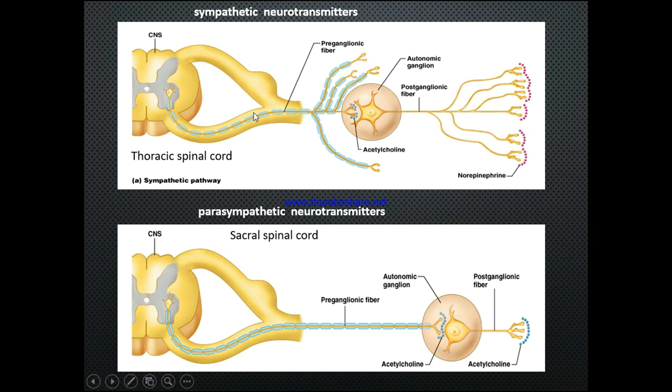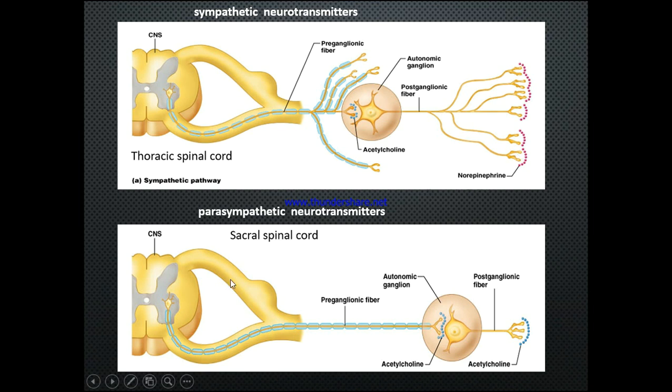So let's look at the sympathetic and parasympathetic neurotransmission in relation to pre- and postganglionic fibres, and also in relation to myelination. Here we can see the sympathetic neurotransmission. We've got the preganglionic fibres and the autonomic ganglion. We can see the release of acetylcholine, and from the postganglionic fibres, norepinephrine being released at the distal part.